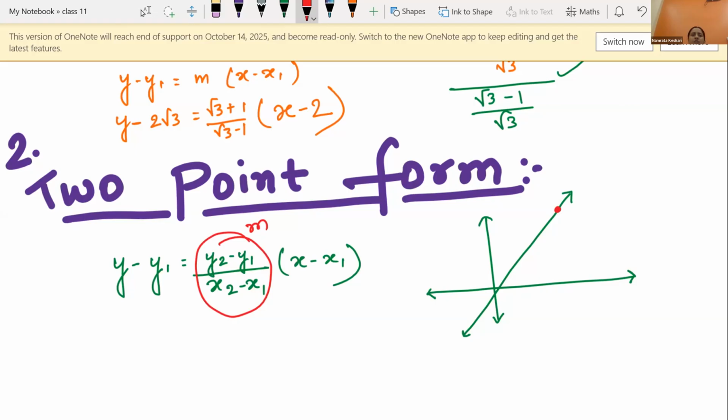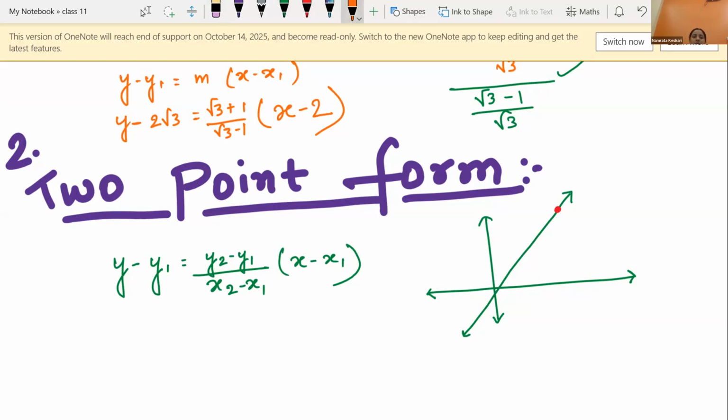So this formula came from the previous formula only. Why are we having this formula? Because every time the slope will not be given to you, so at that time you can use this formula. If you are thinking that we can find the slope first and then use the previous formula, yes, it's the same thing. Either using this formula or finding the slope and using the previous formula, it's the same thing. Am I making sense to all of you?